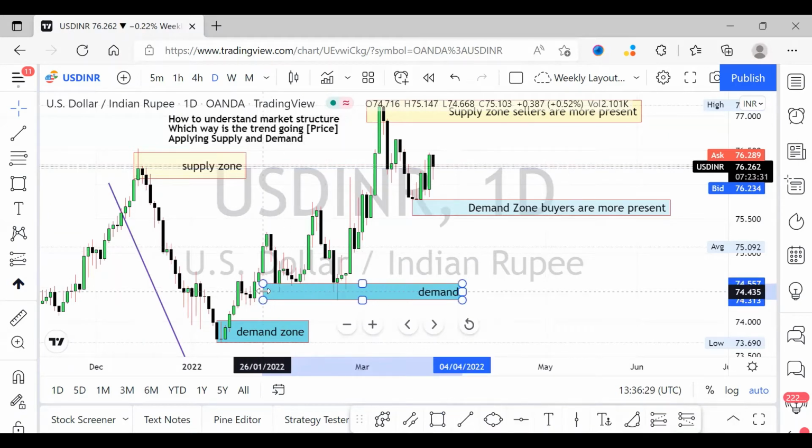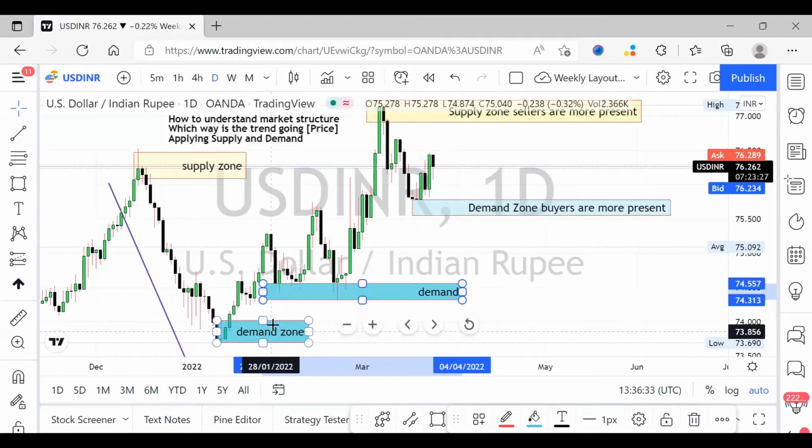Price did not go below here, nor did it go beyond the original zone. Price goes further up and comes back to the same zone, so this zone has now been validated as a good demand zone. How price rockets up is telling you that it's a good zone. Price is up, demand is up, bulls are in control.